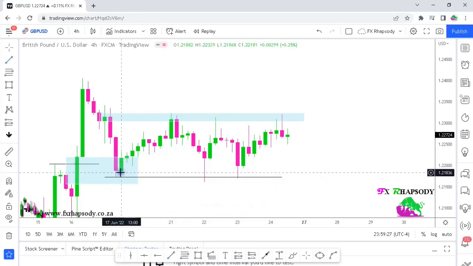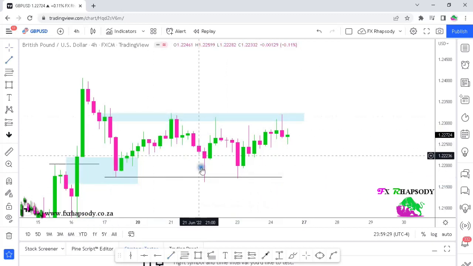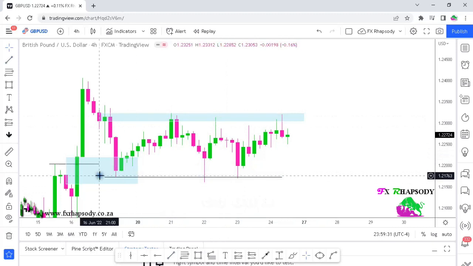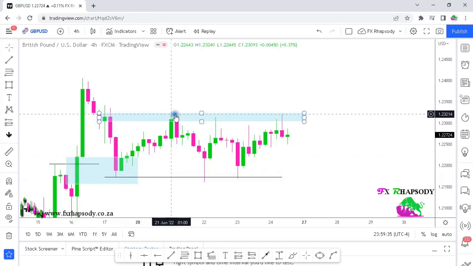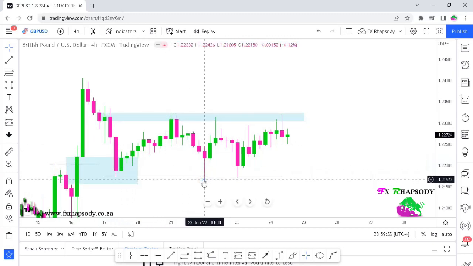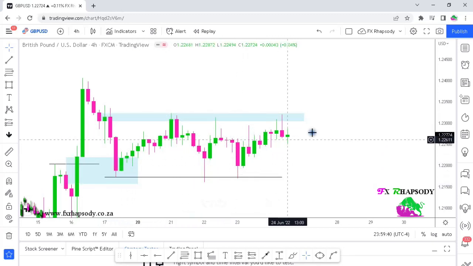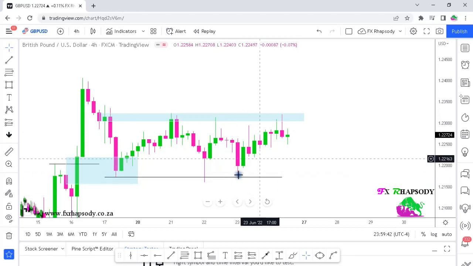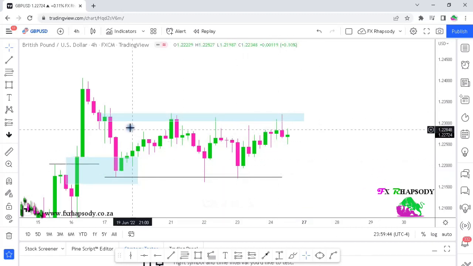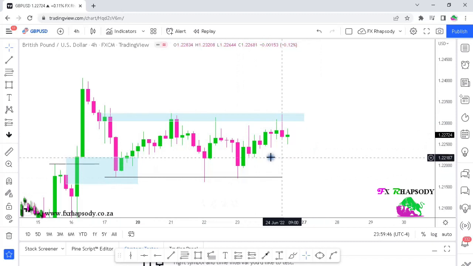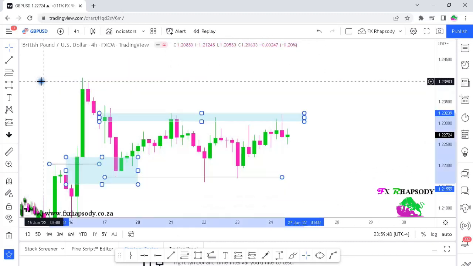So price going up, coming down, hitting liquidity that was created by this previous low. Okay, going up, price taking out liquidity, and then now it's starting to just hover in between this, basically consolidating, as you can see on the 4-hour time frame.